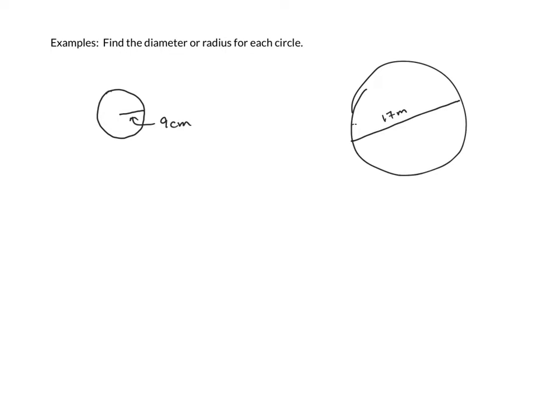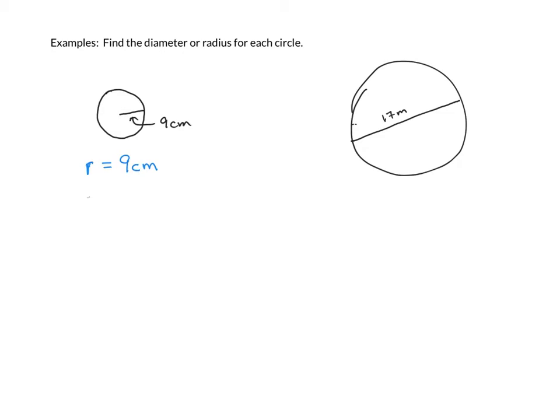Okay, in these first examples, we just want to talk about the relationship between diameter and radius. So in our first example, one thing to note is that we have a line inside our circle. It does not extend all the way across, and so this is our radius. Our radius is 9 centimeters.